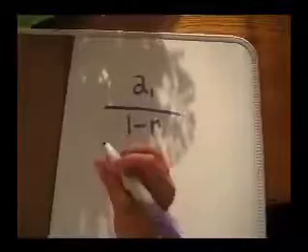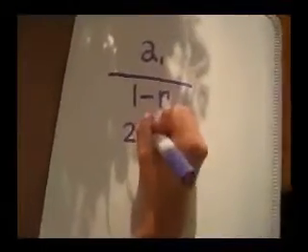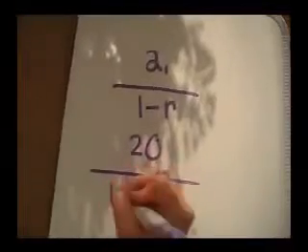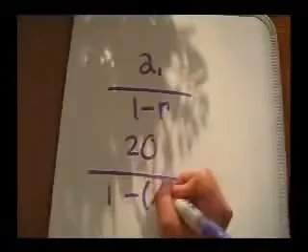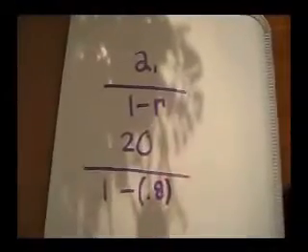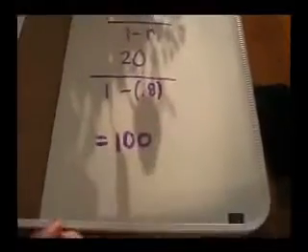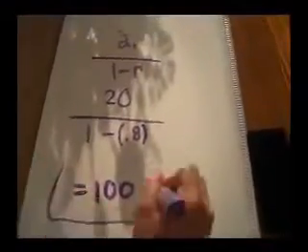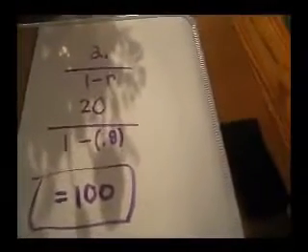So, plugging in all the values from the previous part, a sub 1 was 20 over 1 minus 0.8. When you find that out, it comes out to be 100. Whoa, that's crazy. Told you I loved math and knew what I was talking about. Awesome.